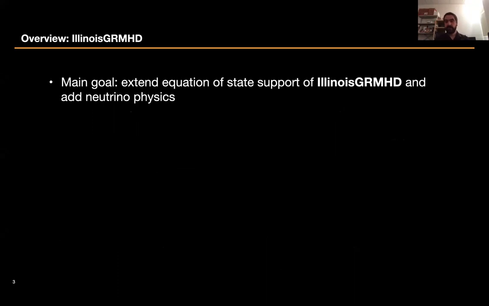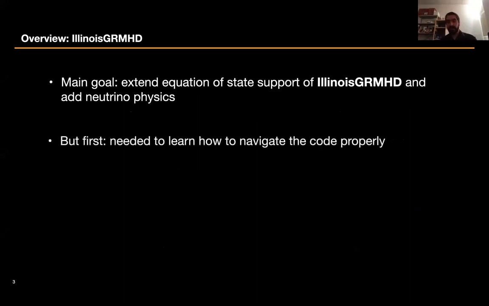So the main goal when I arrived at WVU was to extend the equation of state support of IGM and add neutrino physics to it. But I wasn't familiar with the code back then. So what I did was I learned how to navigate it, and in order to do that, I documented it.